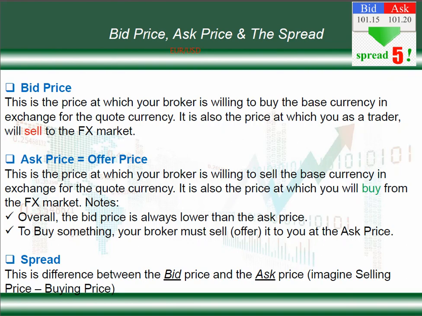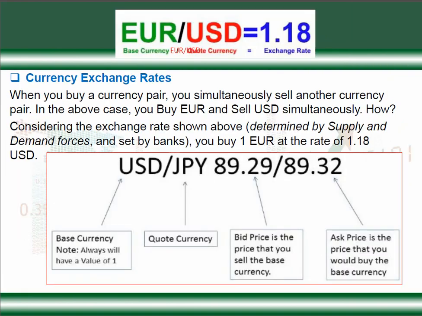Now, moving next, we talk about currency exchange rates. When you buy a currency pair, like Euro USD, you simultaneously sell another currency. That's an interesting way of looking at things. In the above case, we're actually not talking about pairs, but one currency in a pair. Sorry for that confusion.